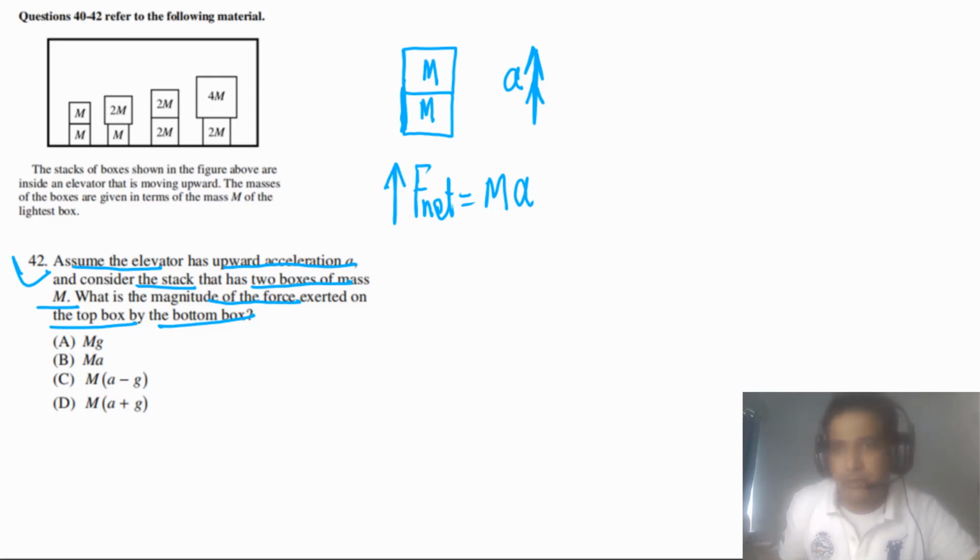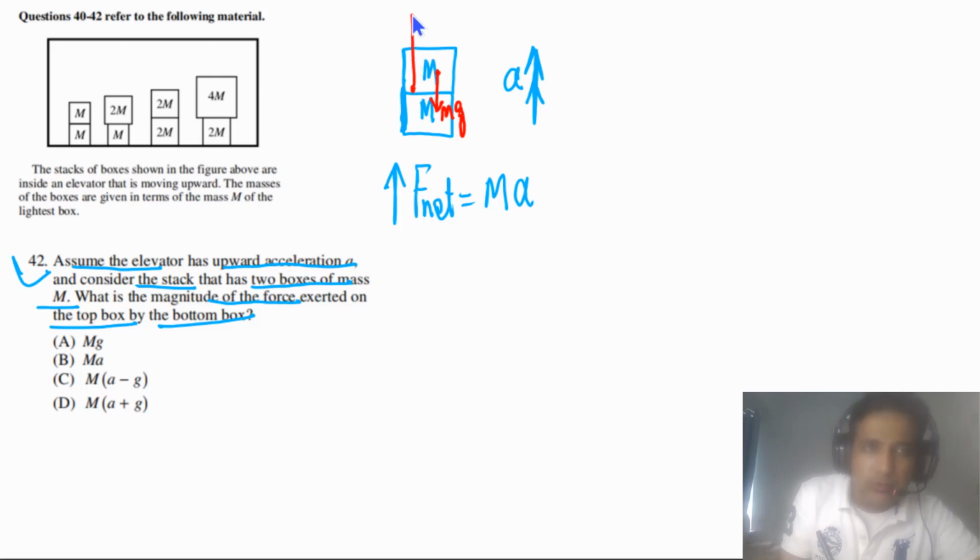Now if we consider the forces acting on this box, one is gravity acting down, equal to mg, and there is a force on the top box by the bottom box. This force is in the upward direction. We can say this force is Fn, the normal reaction force, the pushing force by this box.